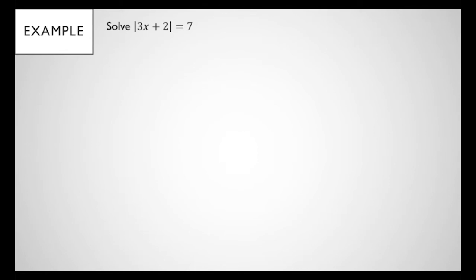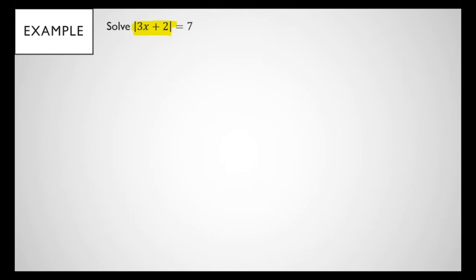So here's another example. I've got the absolute value of 3x plus 2 equals 7. So we have the absolute value part by itself already. So I can go straight to the two separate equations here.